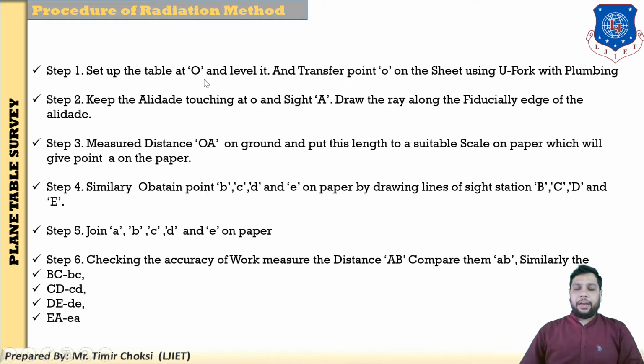Set up the plane table at O, level it, and transfer the point O onto the sheet using the U-fork with plumb bob.